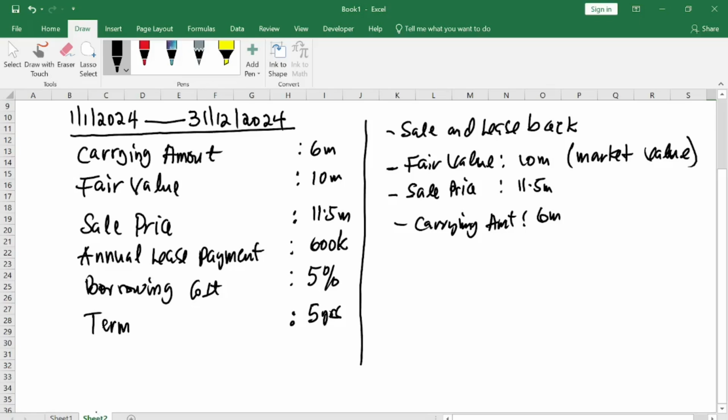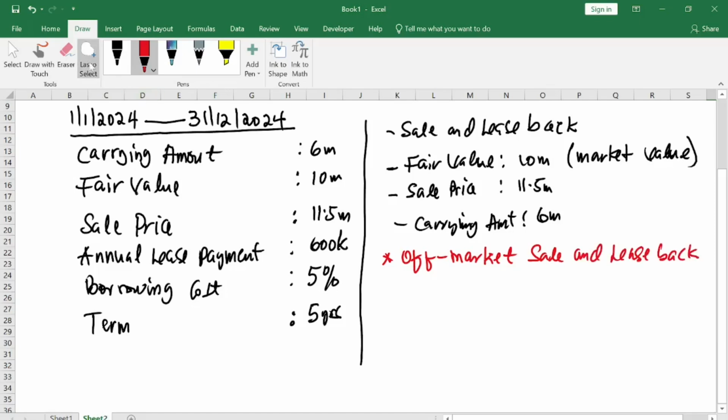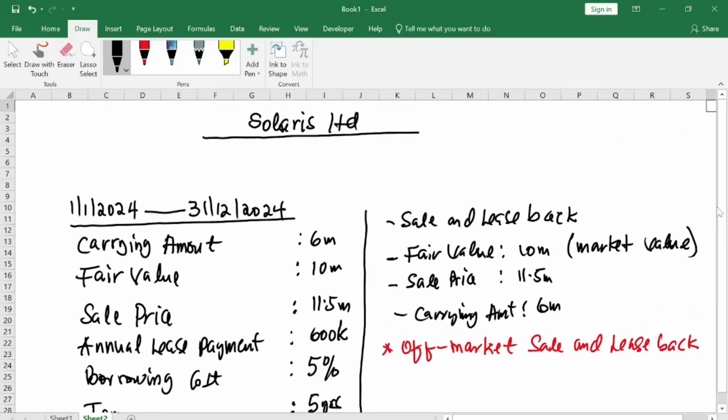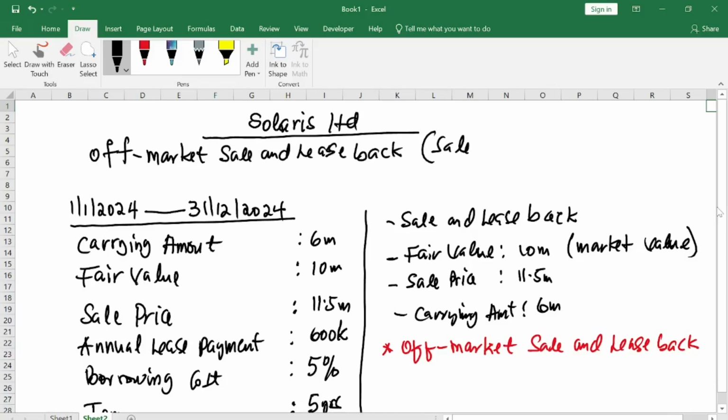When this happens, we call it an off-market sale and leaseback, meaning we sold outside the market price. So the lease arrangement is an off-market sale and leaseback (sale above fair value or market price).